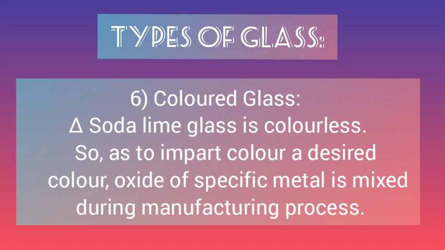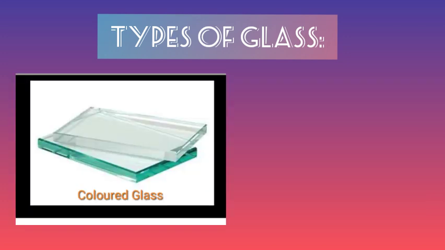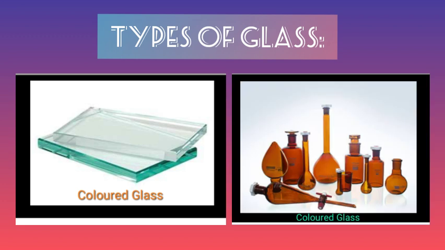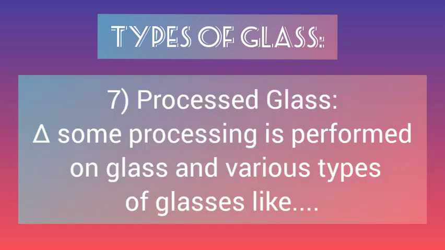For example, ferrous oxide is mixed to get a bluish green color, and copper oxide is mixed to get red glass. In the first figure, bluish green color is imparted, meaning ferrous oxide is mixed in that glass. In the second figure, red color is seen, meaning copper oxide is mixed in that glass.